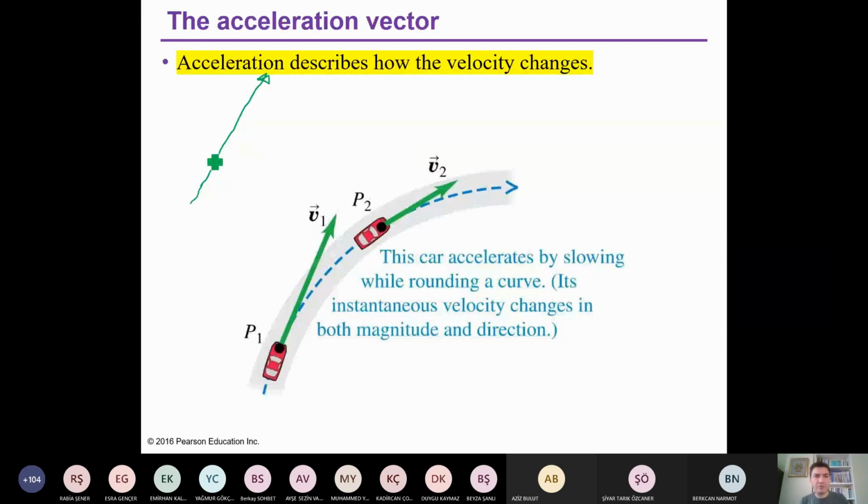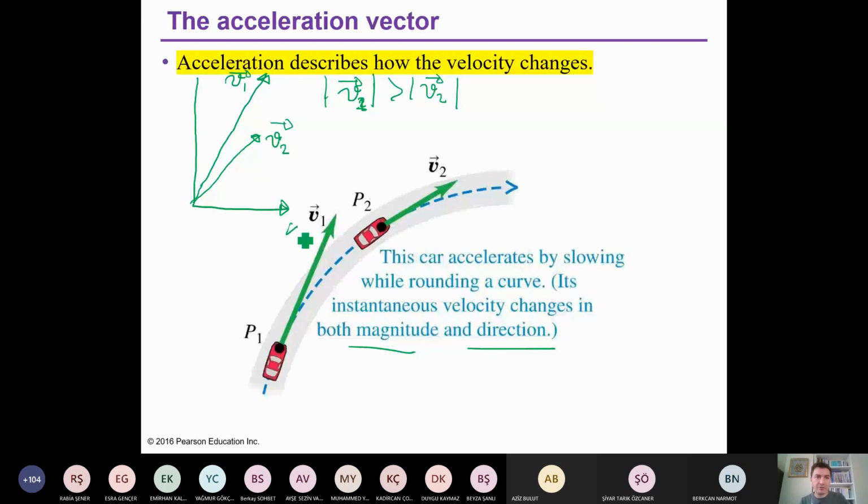Let's consider this is V1 and this is V2. These are vectors. And from the first chapter, we have learned that vectors have magnitude and direction. So what do you see here? The magnitude of V1 is bigger than the magnitude of V2. But in addition to that, if you draw the coordinate axes here, this is x, this is y, and this is alpha 2, and this is alpha 1.